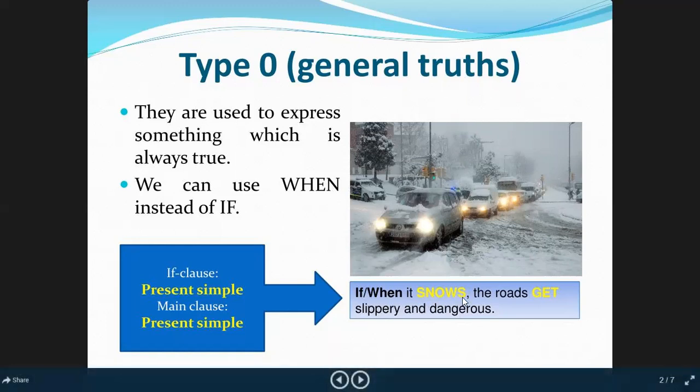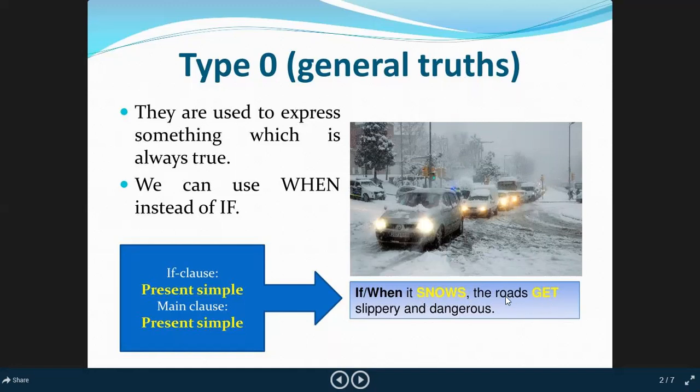And what is the verb here? It is in present simple form. If it snows, comma, the roads get slippery and dangerous. Again, in the main clause, after the comma, the roads get slippery and dangerous. And here is the present simple.